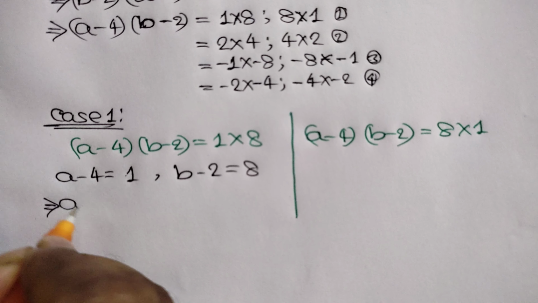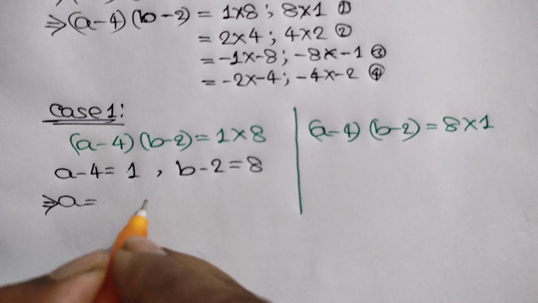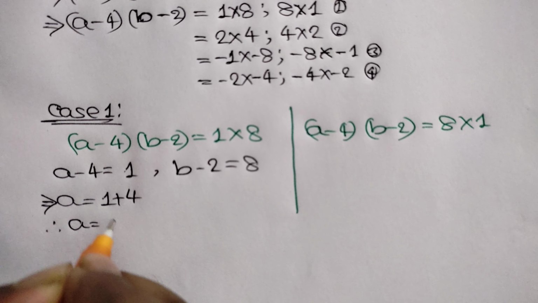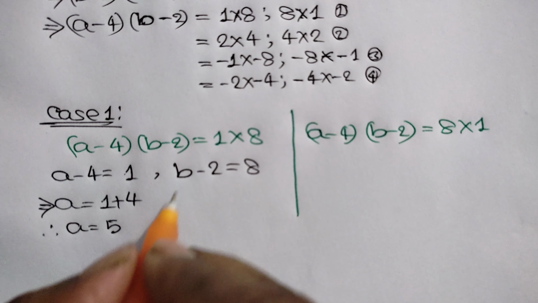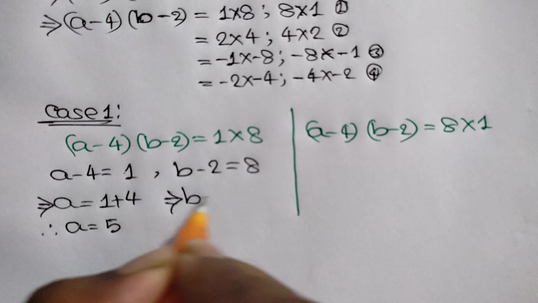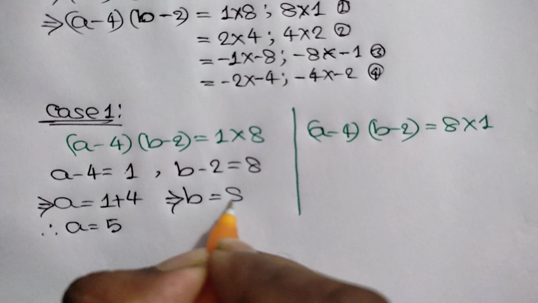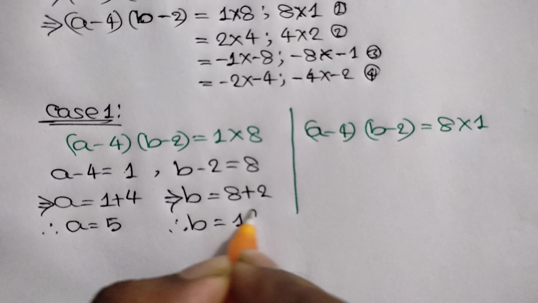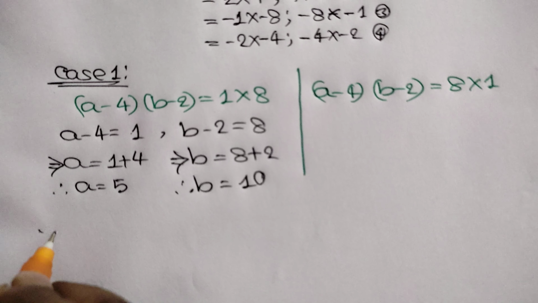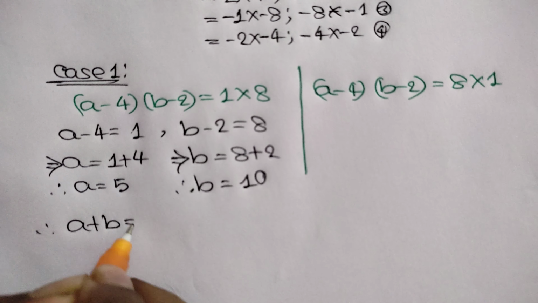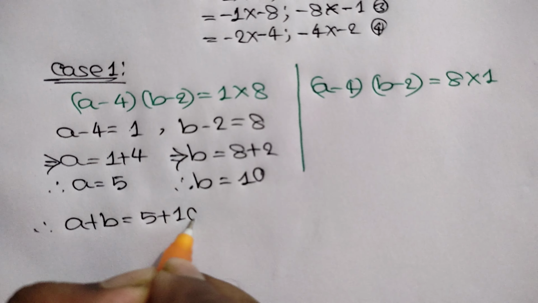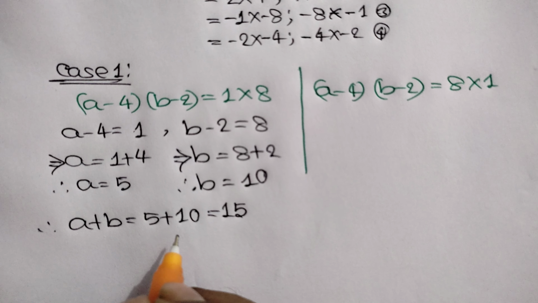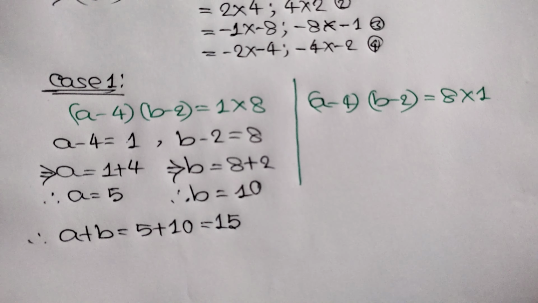Or a is equal to, taking negative 4 to the right side, 1 plus 4, so the value of a is equal to 5 for the first case. Or b is equal to 8 plus 2, so the value of b is 10. So a plus b is equal to 5 plus 10 is equal to 15.